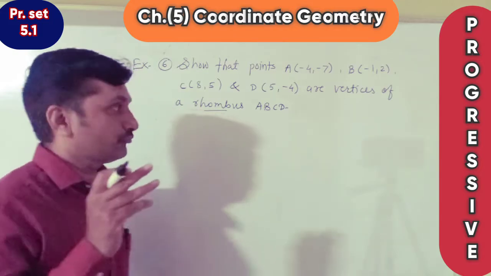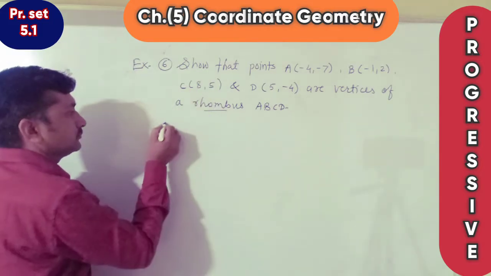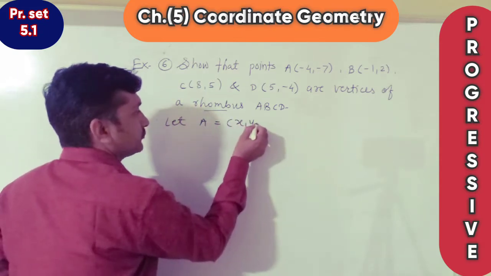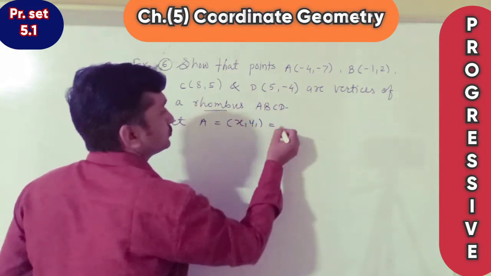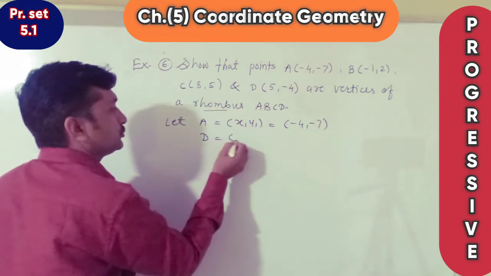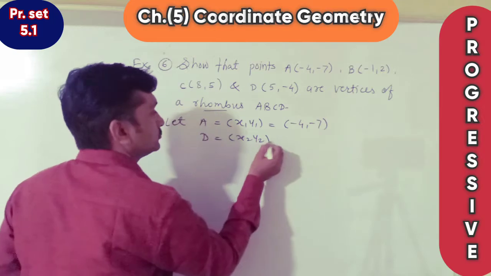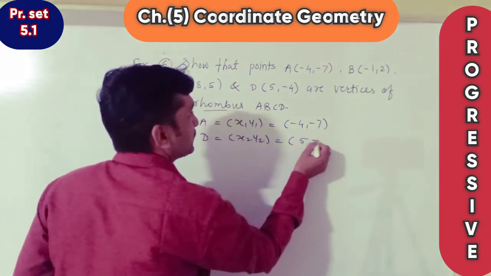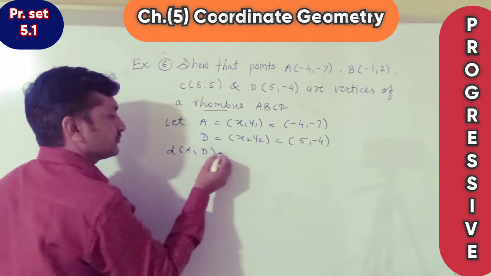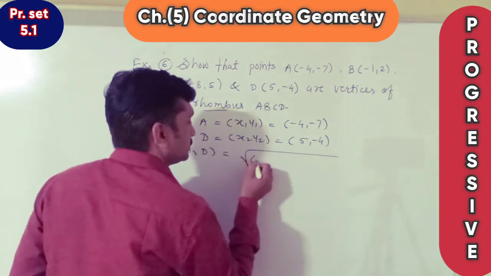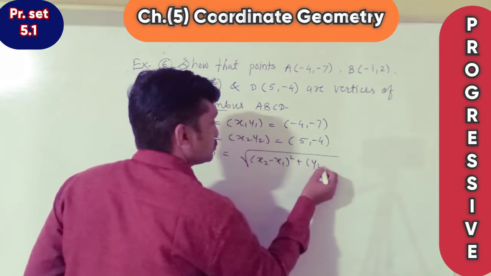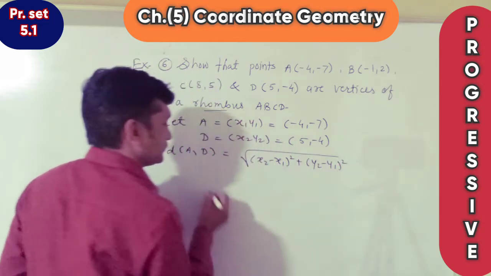Now let's find the fourth distance AD. Let A is equal to (x1, y1), coordinates are (-4, -7). D is equal to (x2, y2) is equal to (5, -4). Distance AD is equal to square root of (x2 - x1) bracket square plus (y2 - y1) bracket square.